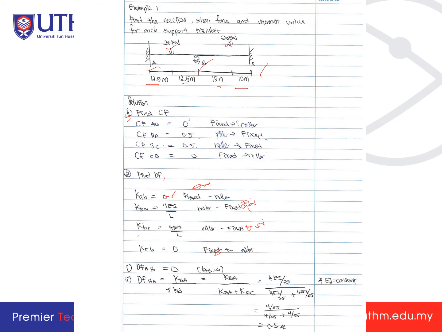After you get the K, you get the distribution factor, DF equals K over total K. So DFAB is 0 because KAB is 0. You can straight away write 0 because fixed end is 0. And then DFBA is equal to KBA over KBA plus KBC, so you get 0.5 after you put in the values.